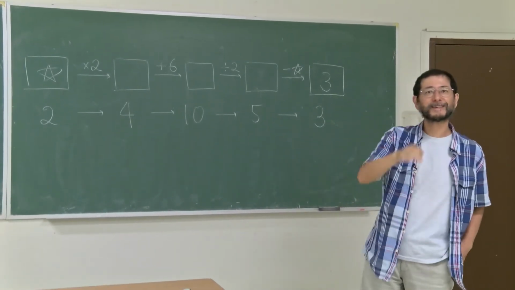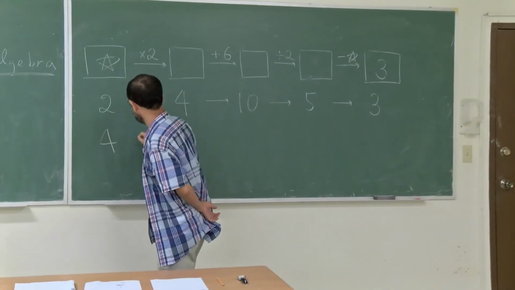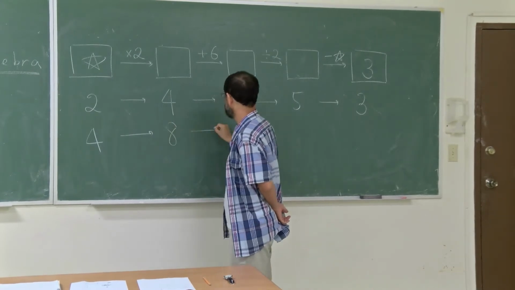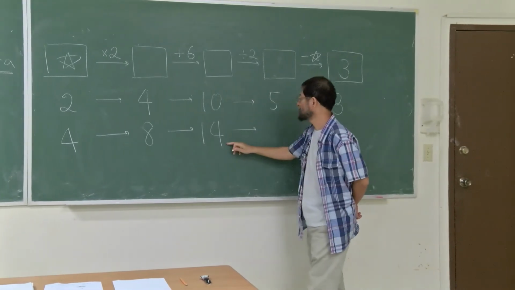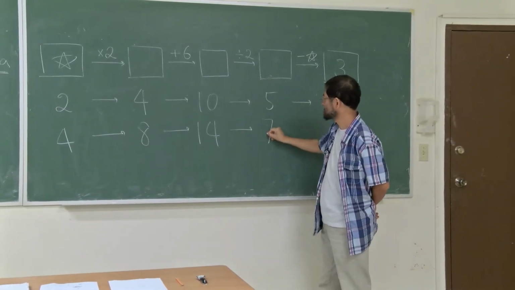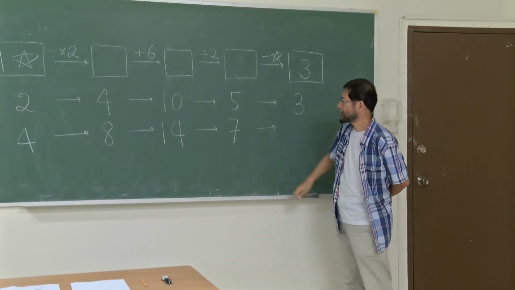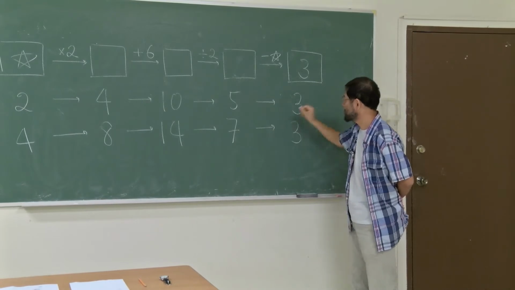What did you pick? 4. Okay, so let's try. 4 times 2 is 8. 8 plus 6 is 14. Then 14 divided by 2 is 7. Then we subtract the original number 4 from 7. So again, we get 3.